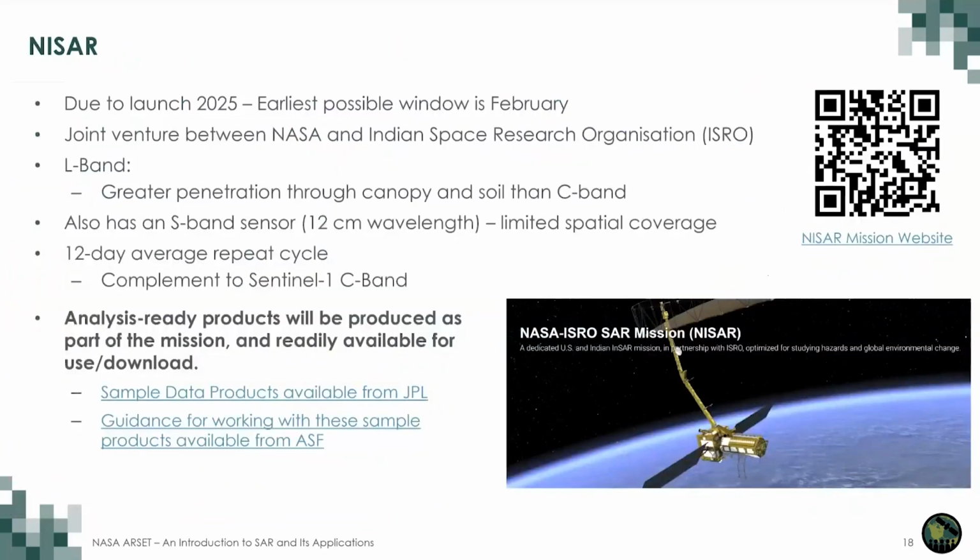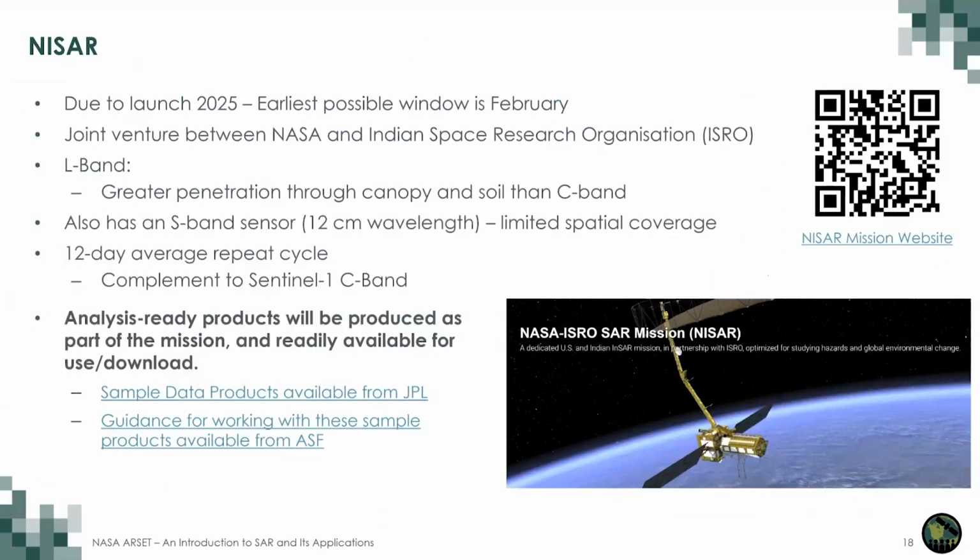I do want to make a quick shout out to NISAR, which is due to launch in 2025. The earliest possible launch window is in February, and this is a joint venture between NASA and the Indian Space Research Organization, or ISRO. This will be an L-band mission, and L-band has much greater penetration through canopy and soil than the C-band missions do.